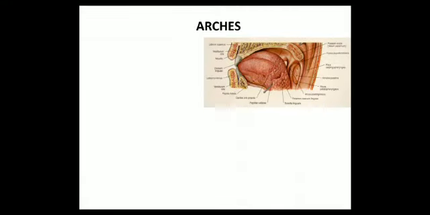It includes two arches. One is the palatoglossal arch, that is also known as the anterior pillar of the fauces. It contains the palatoglossus muscle and reaches the side of the tongue at the junction of its oral and pharyngeal parts.